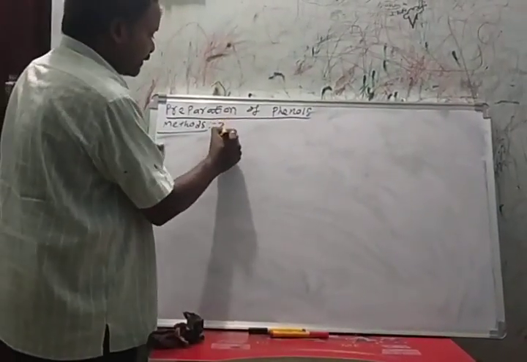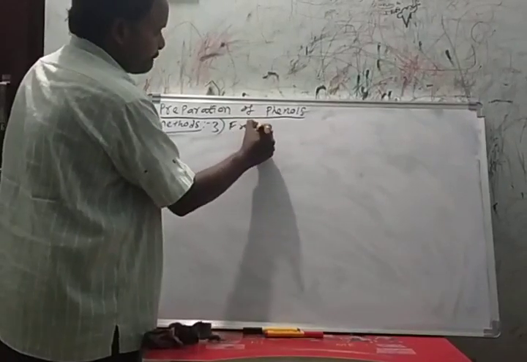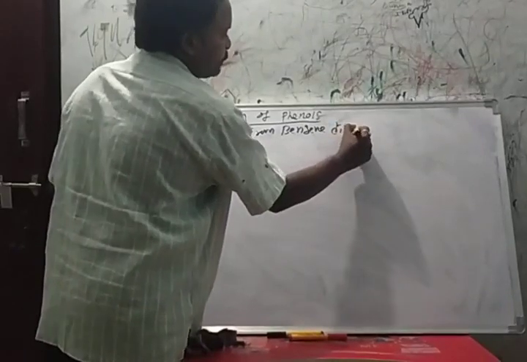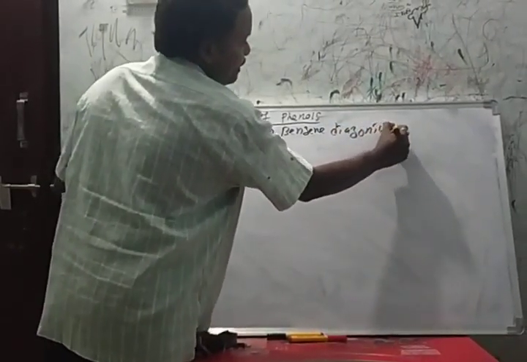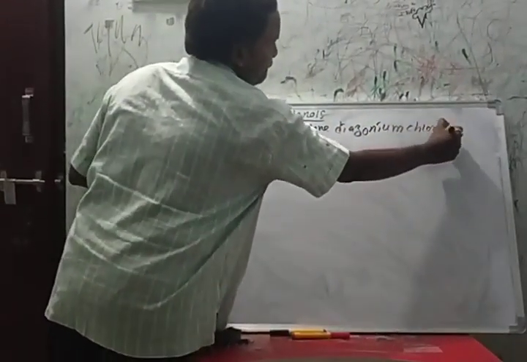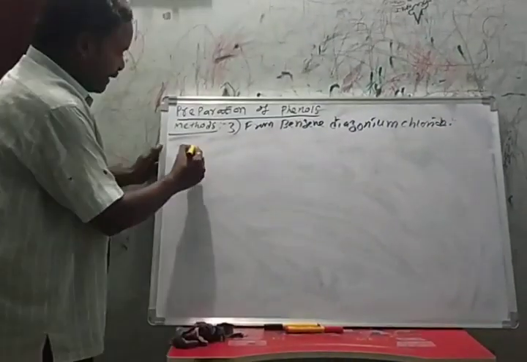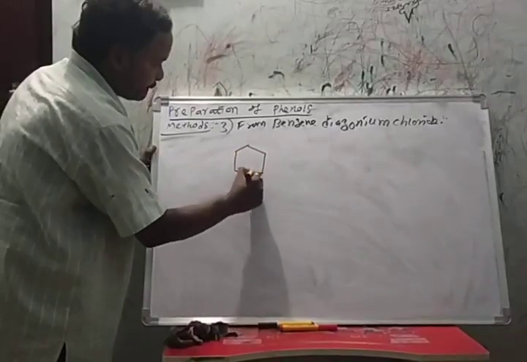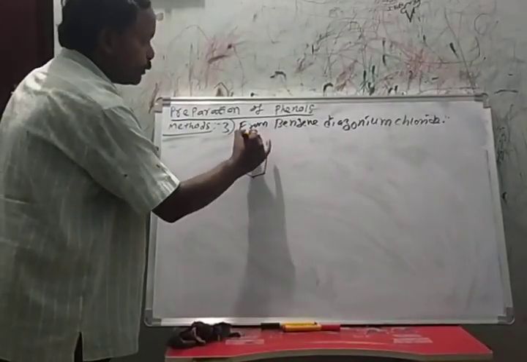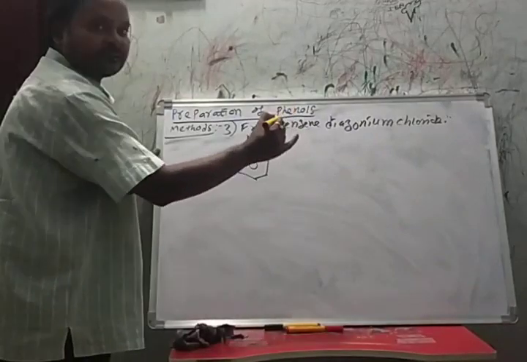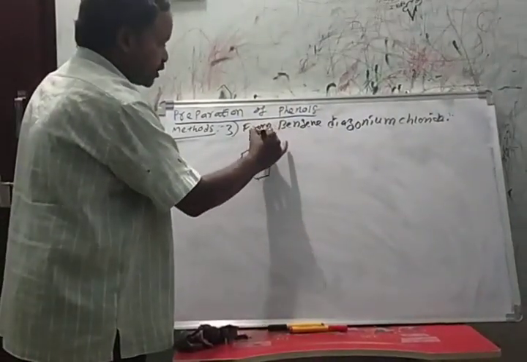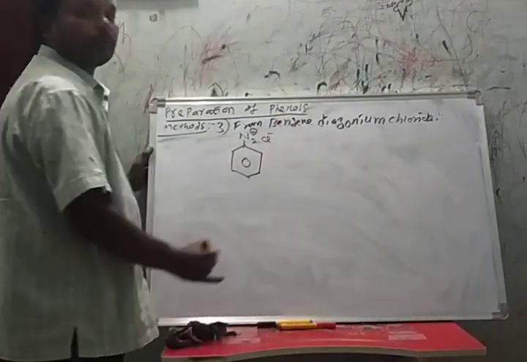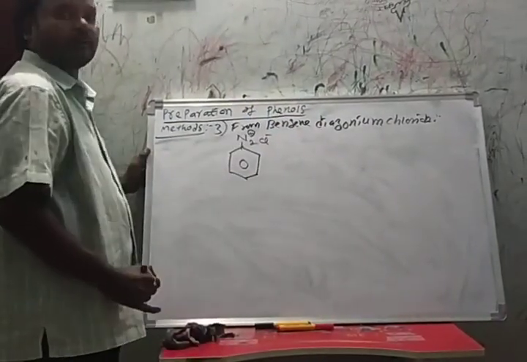Okay, third method, from benzene diazonium chloride. Diazo means two nitrogens with positive charge. Diazonium Cl minus, chloride: benzene diazonium chloride.